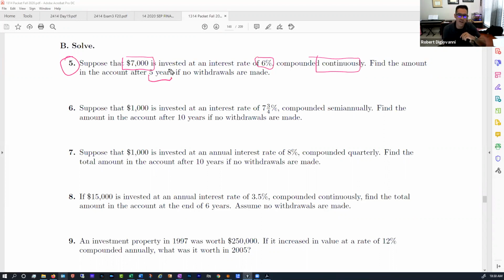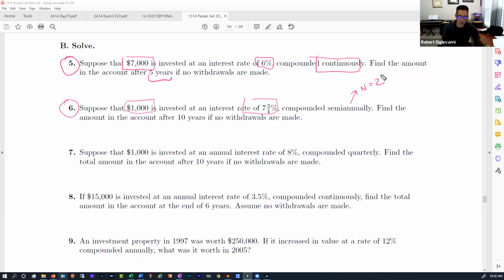Do you see now that you can do that? And then the next one, 6, money is invested, interest rate, compounded semi-annually. What does that mean? Semi-annual means how many times a year? Twice. It's 2. So this would be n is 2.